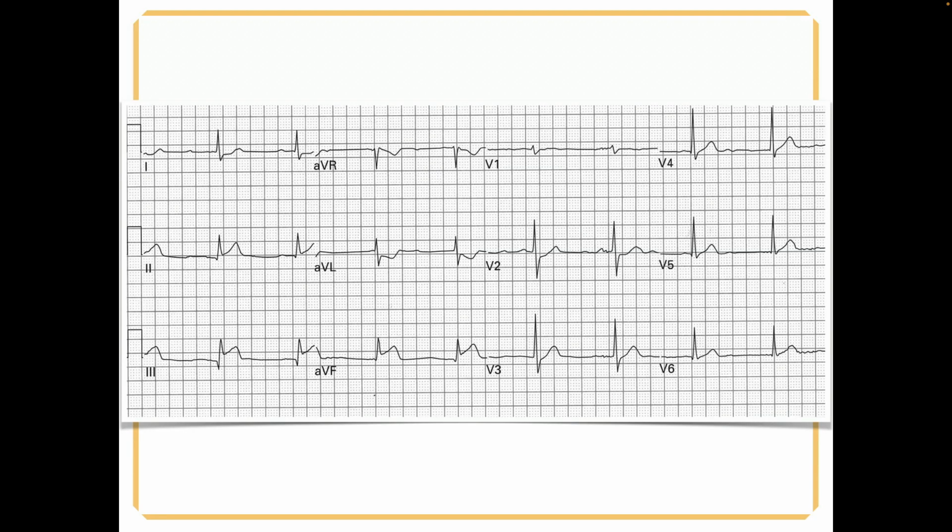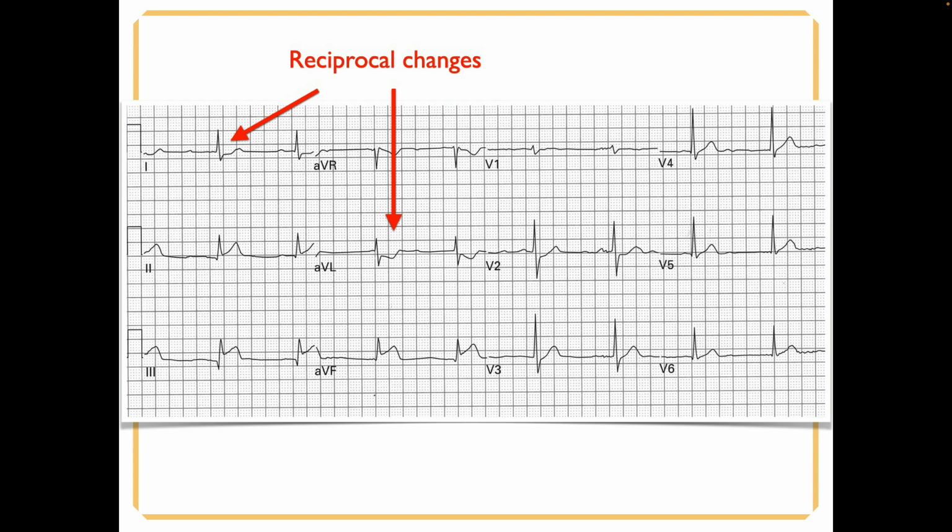Okay. Do we have ST elevation in the inferior leads? Yes, we do. And then your automatic thing is to look, although you've probably gone through it and you've labeled everything, is there ST depression in 1 and aVL? Yes, there is. We call those reciprocal changes, okay?